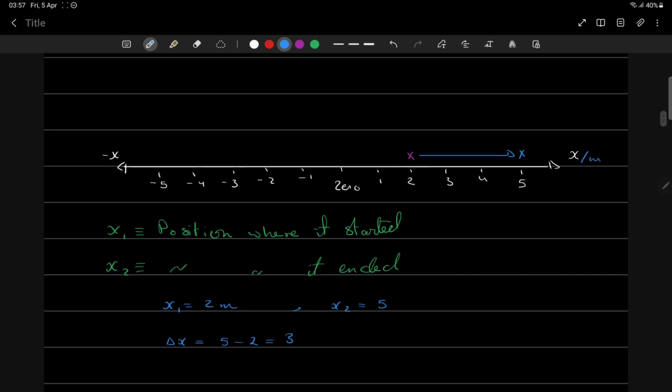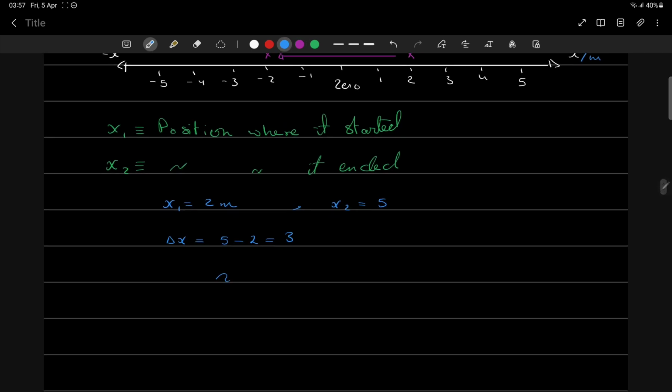Now, if this particle started at 2 but ended at negative 2, in this case, let's make the previous one the first case. In the second case, x1 equals 2 meters, while x2 equals negative 2 meters.